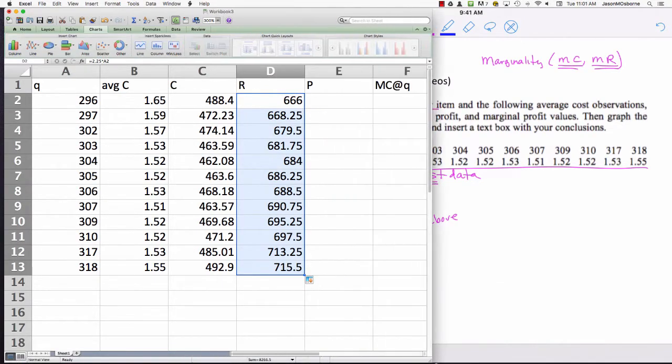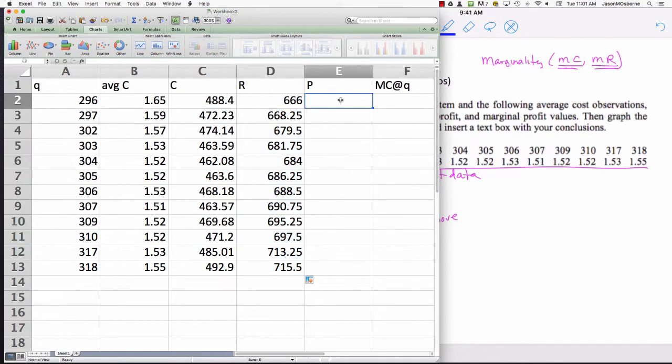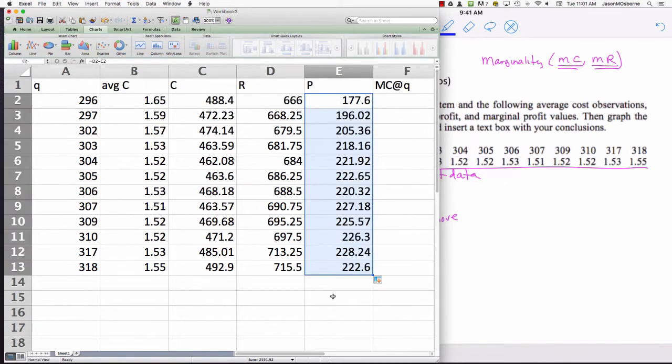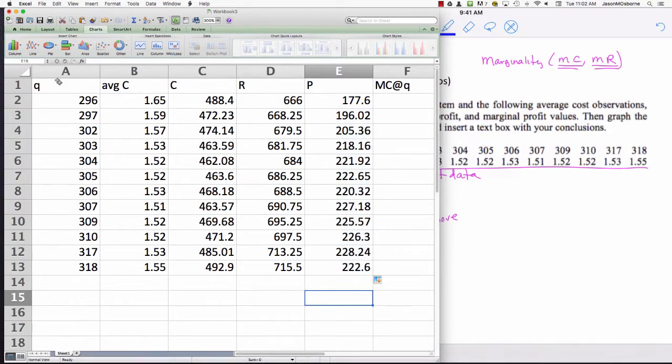Now profit is revenue minus your costs. So you've made a profit of $177.60. So here are your profits at the various sales levels on the left.